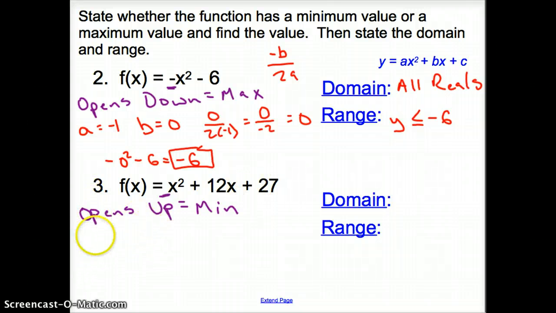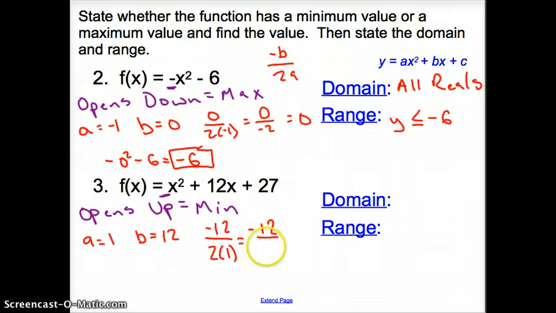First things first, we have to point out our A. Our A is 1. Our B is going to be a positive 12. Plugging it in here, I have opposite 12 over 2 times 1, which is -12 over 2, which gives me a value of -6.